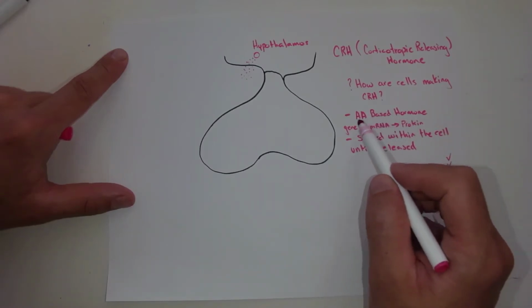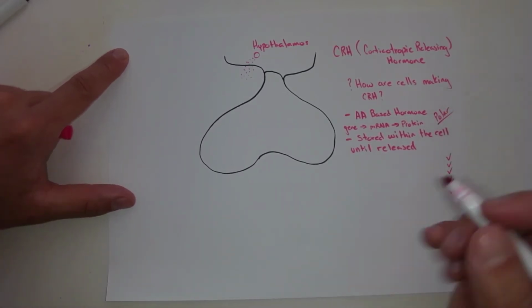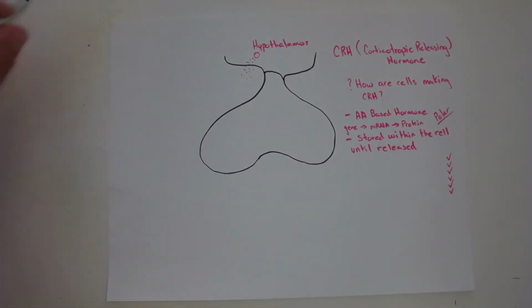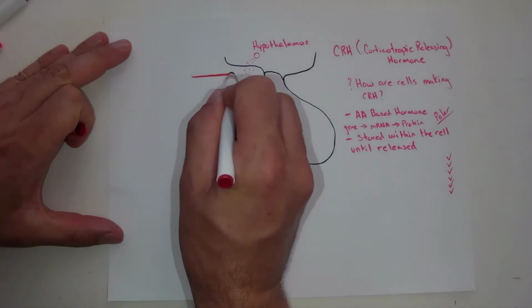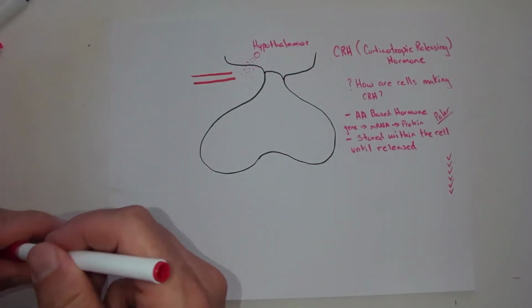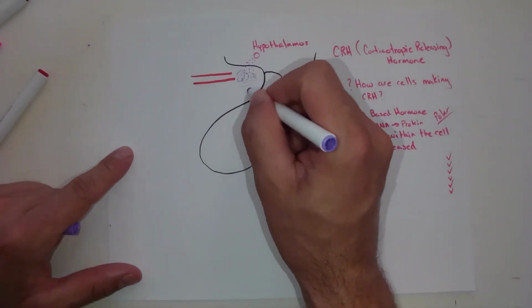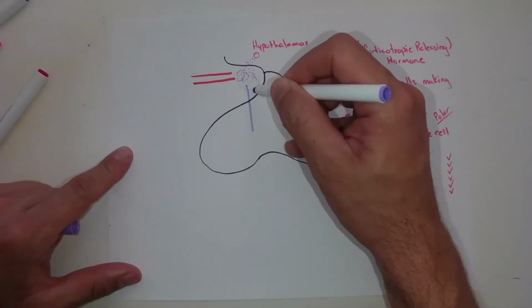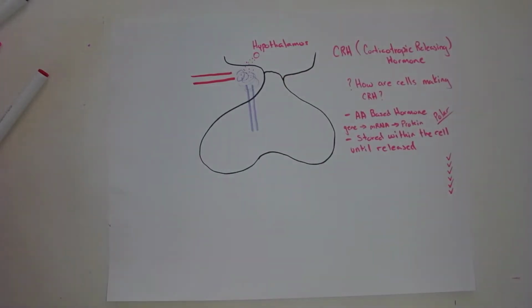Because amino acid-based hormones are polar hormones, they can get right into that primary capillary plexus and be swept up by the hypothalamic, pituitary, or hypophyseal portal system.